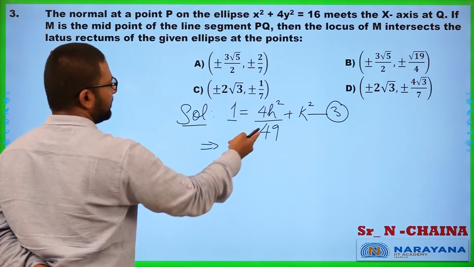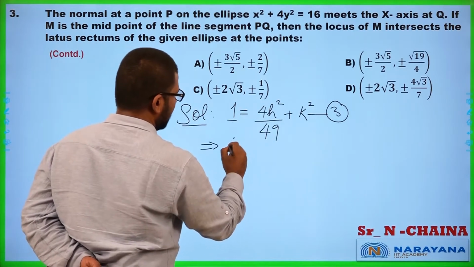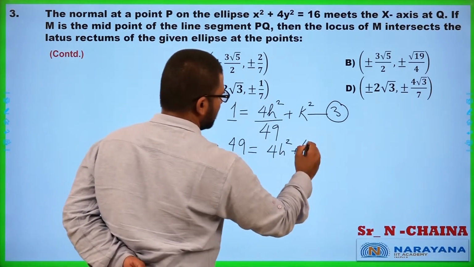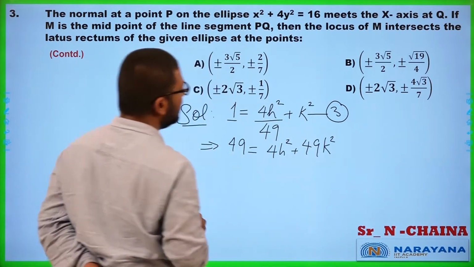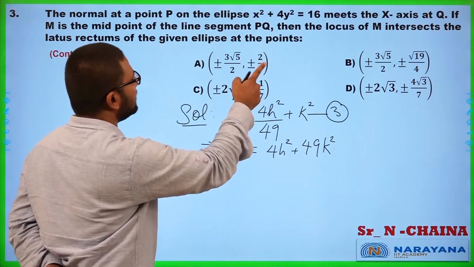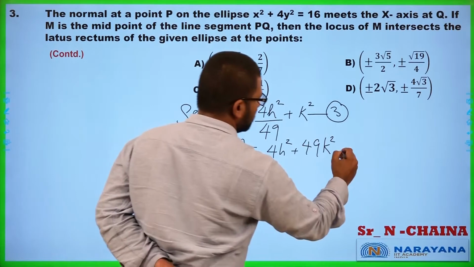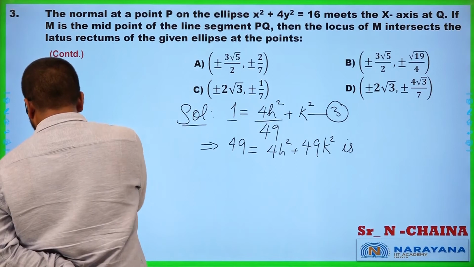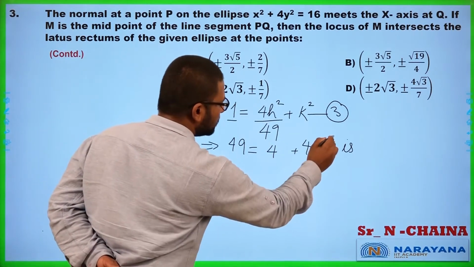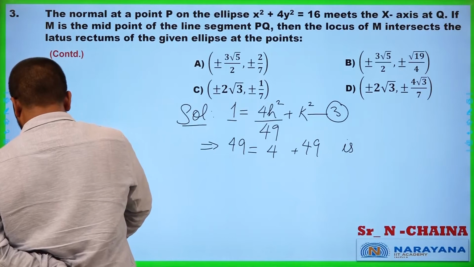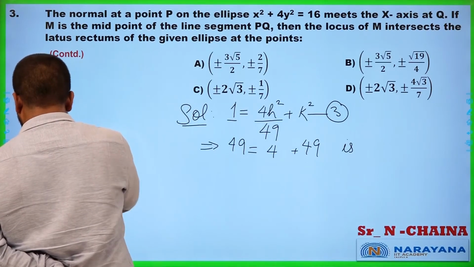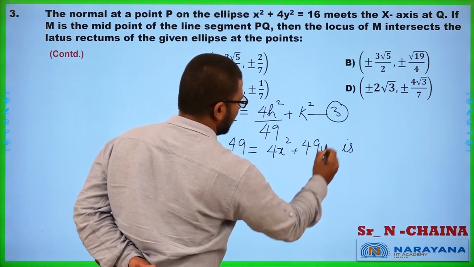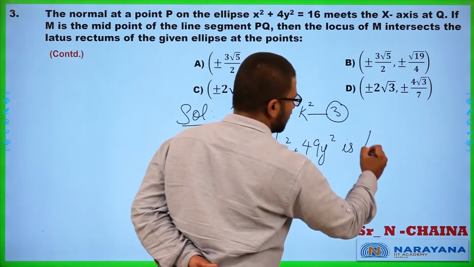Therefore, multiply with 49, we have 49 equal to 4h square plus 49k square, correct? So locus of this ellipse, right? In fact, we can replace h and k with x and y. So let us directly do that now. 49 equal to 4x square plus 49y square. This is the locus of M, correct?